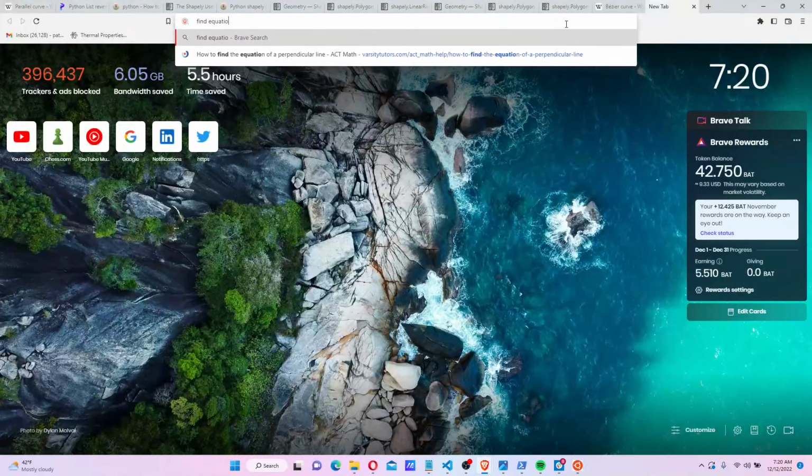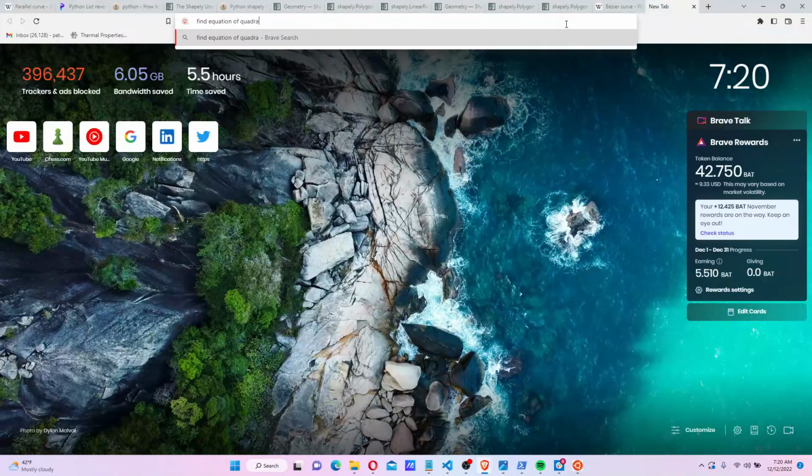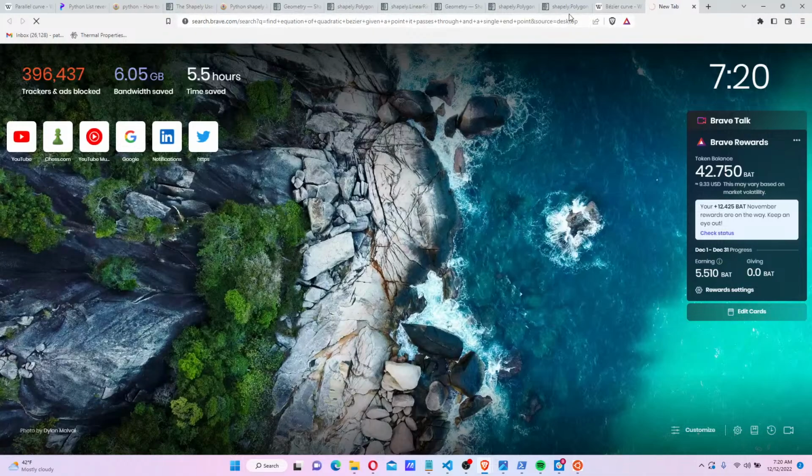Find equation of quadratic Bezier given a point it passes through and a single endpoint.